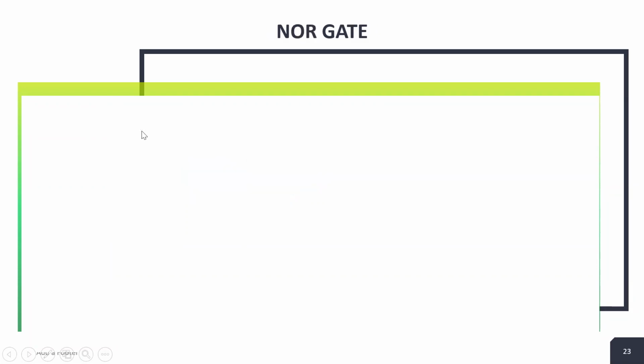Just like this NOR gate, it's a NOR circuit. According to that, the formula is (X plus Y) complement. X plus Y, this one is the OR gate, and this complement bar indicates that this is a NOT gate.